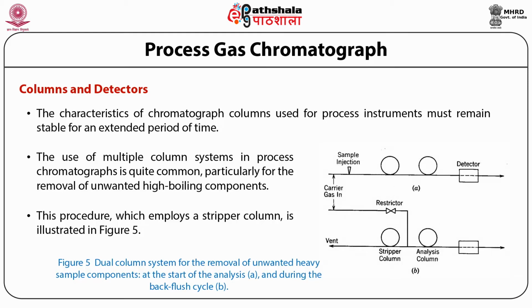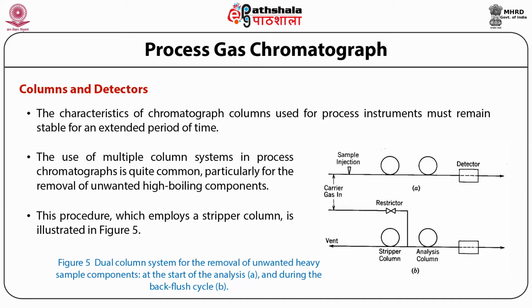At the start of the analysis, the stripper and analysis column are in series as shown in figure 5a, and this configuration is retained until all the wanted components have been passed through the stripper and into the analysis column.